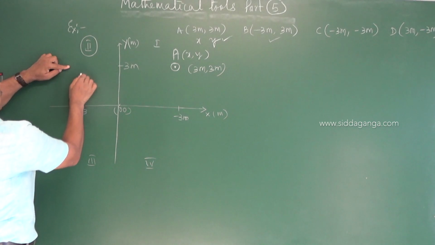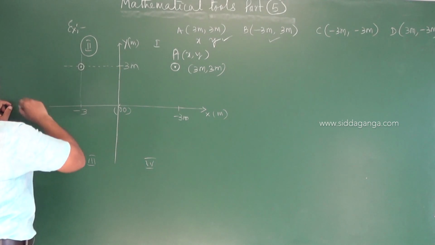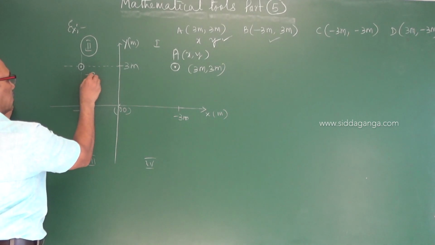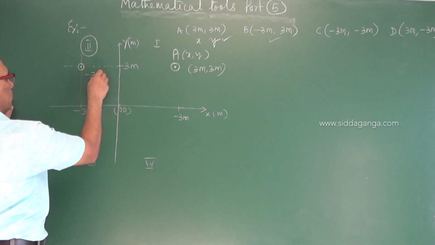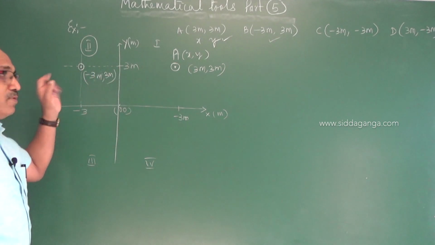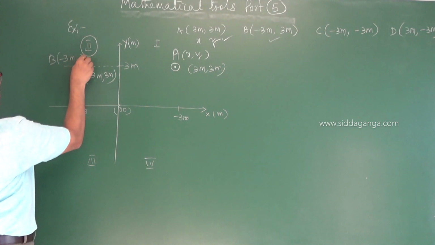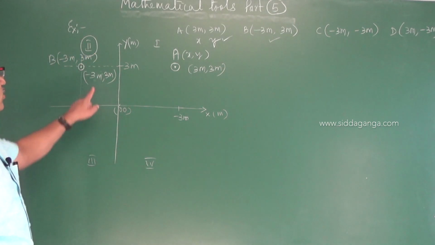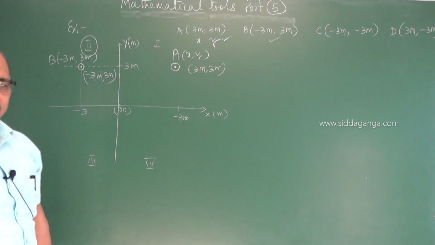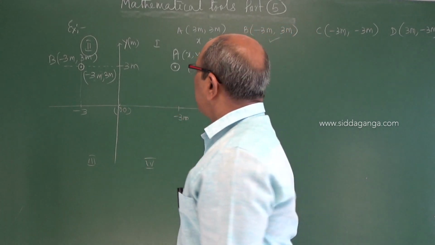So moving like this, you got this position as minus 3 meter comma 3 meter. It is point B, where x is negative, y is positive, and the point is fixed.